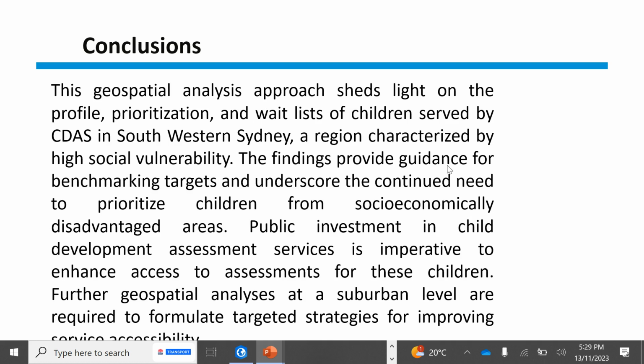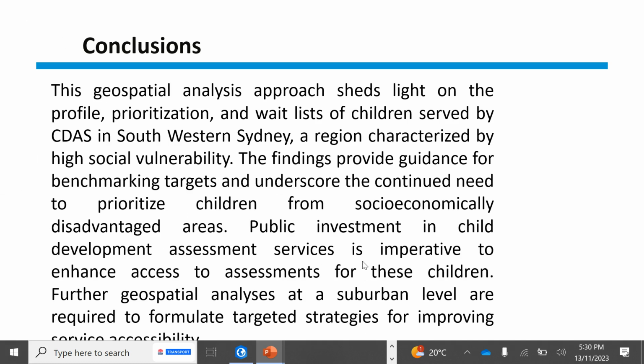The findings provide guidance for benchmarking targets and underscore the continued need to prioritize children from socioeconomically disadvantaged areas or backgrounds. Public investment in child development assessment service is imperative to enhance access to assessment for these children. Further geospatial analysis at the suburban level is required to formulate targeted strategies for improving service accessibility.